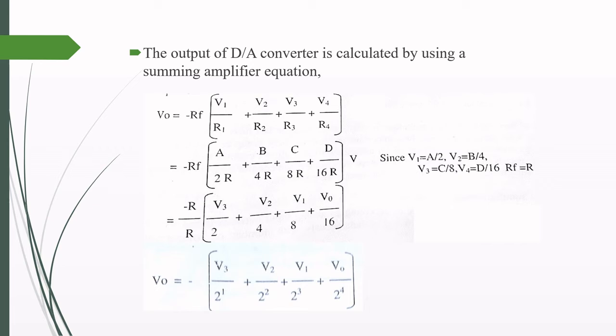So the final output voltage formula is VO is equal to minus V3 divided by 2 plus V2 divided by 4 plus V1 divided by 8 plus V0 divided by 16. Here 2, 4, 8, 16 can also be written as 2 raised to 1, 2 raised to 2, 2 raised to 3 and 2 raised to 4. So the final output equation VO is shown here. This is the output equation of the complete D2A converter circuit.